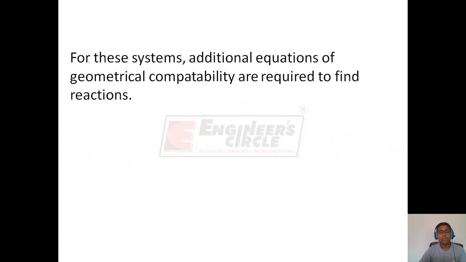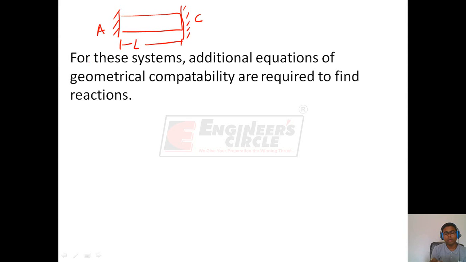For these systems, additional equations of geometrical compatibility are required to find the reactions. For example, in this system, the length is L. This is end A, this is end B. Even after the application of load P, the length of this system must remain L because this bar is fixed from both the ends.